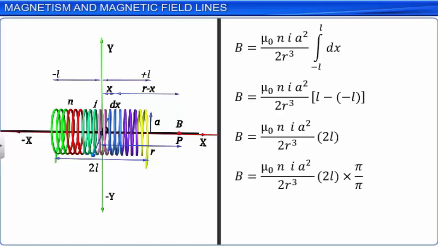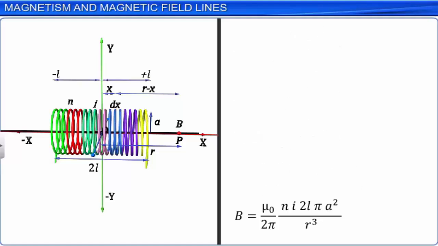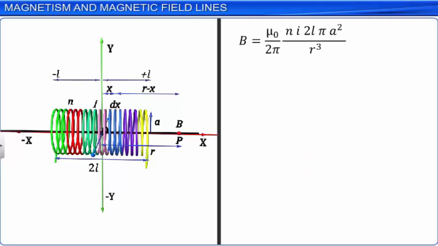We learnt earlier that a current-carrying loop behaves like a magnetic dipole, and its dipole moment is given by M is equal to I into A, where A is the area vector of the loop. The solenoid consists of n number of loops per unit length. I is the current through the solenoid, and A is the radius of each loop.